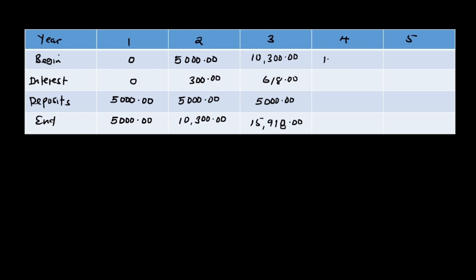Then in the fourth year, you have your 15,918. The 6% of that is 955.08. You deposit again your 5,000. At the end of the year, you're going to have 21,873.08.